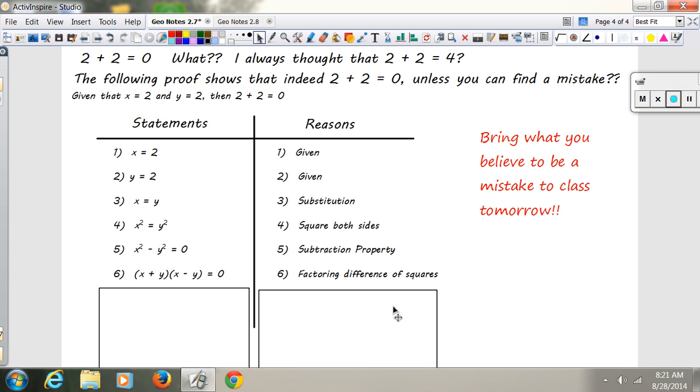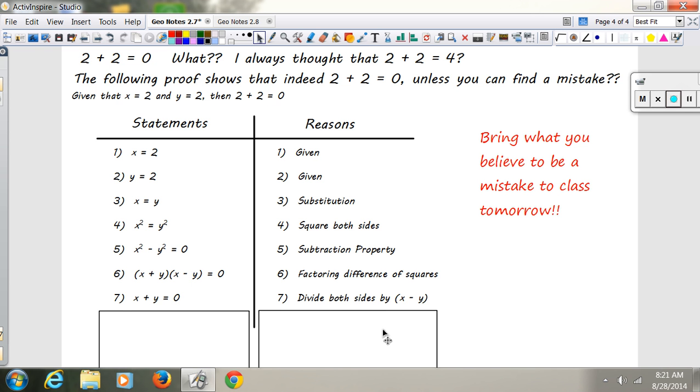When you break it down, that's factoring a difference of squares. X plus y equals 0. I divided x minus y on both sides. If you want to get rid of this x minus y here, you divide it on both sides.